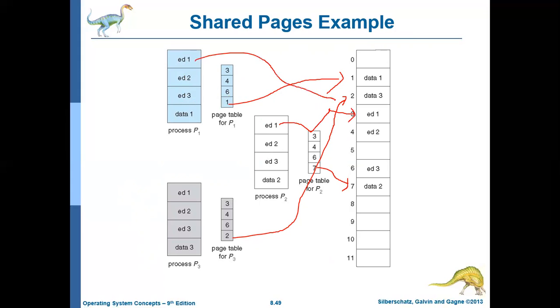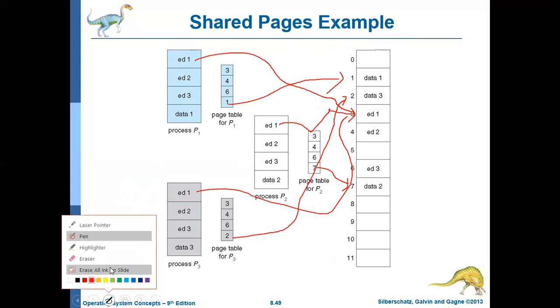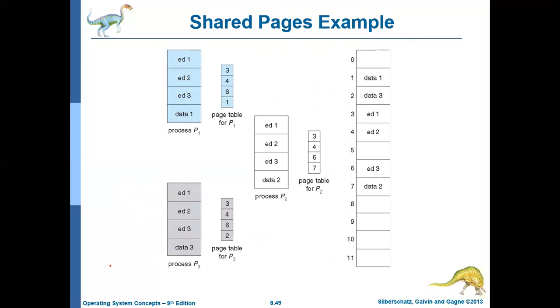So ed1 of process 1 maps here, ed1 of process 2 also maps here, ed1 of process 3 also maps here. Similarly for ed2 and ed3. So this is how we share the pages, and the memory requirement can be greatly reduced. Okay, so that's it about shared pages.